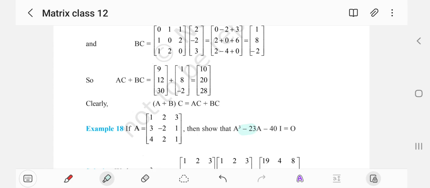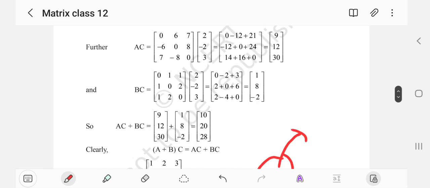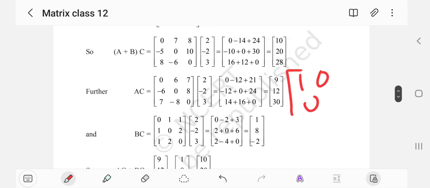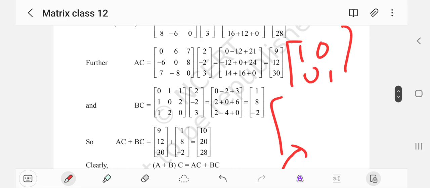Now next, let's see this part. Here minus 40 is the scalar which is multiplied with this I. What is this I? This I is the identity. Now which identity will you use here? You will use this 3 by 3 identity.